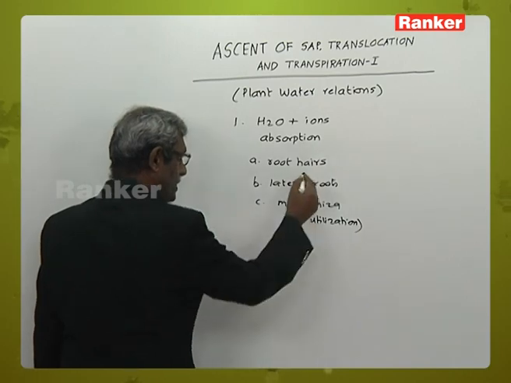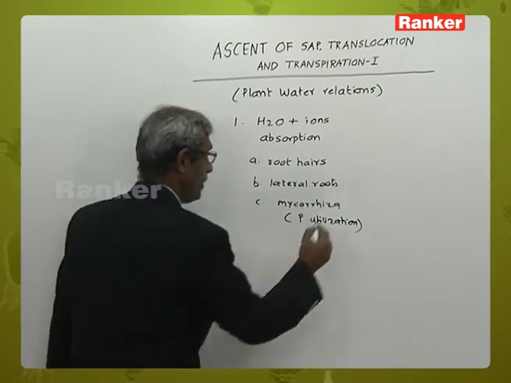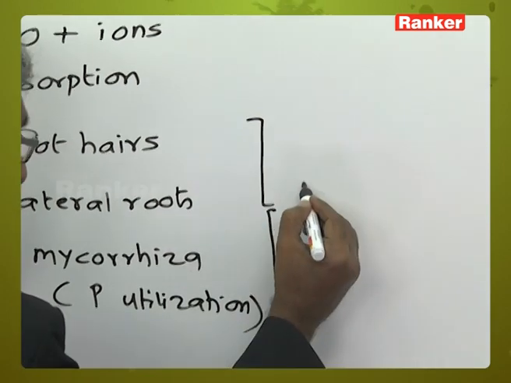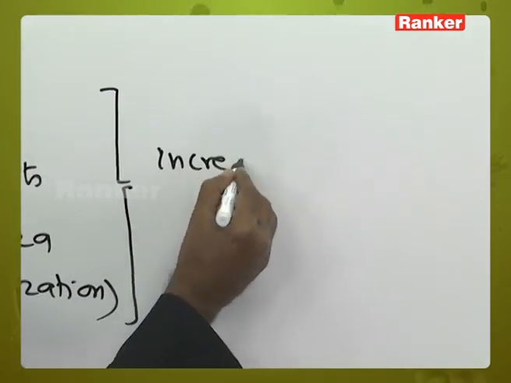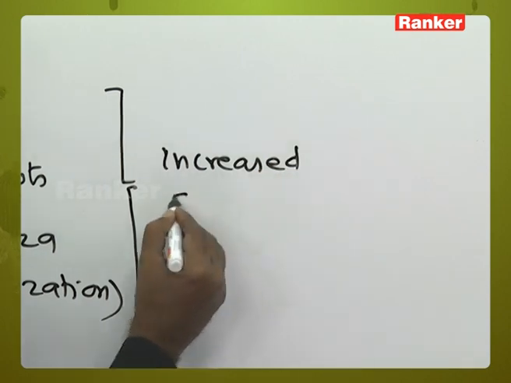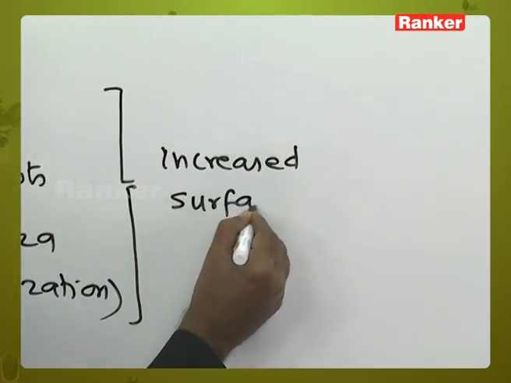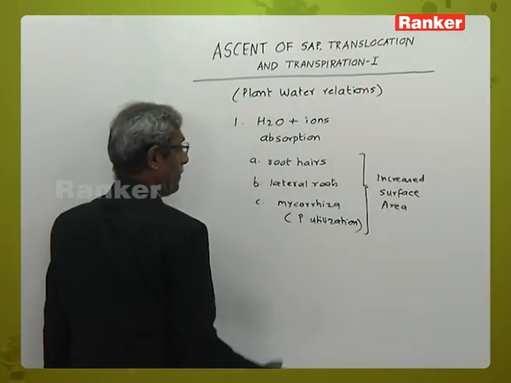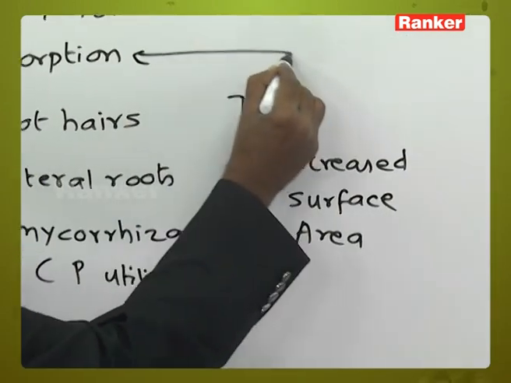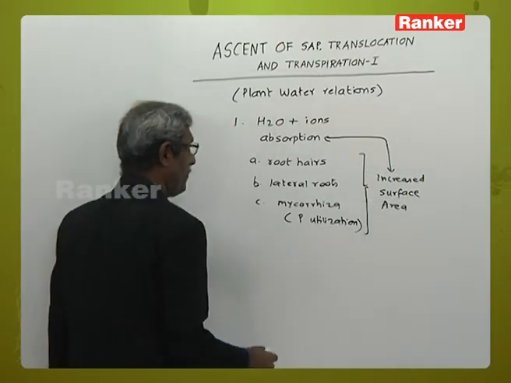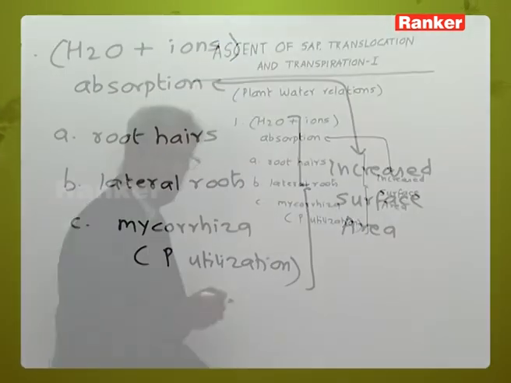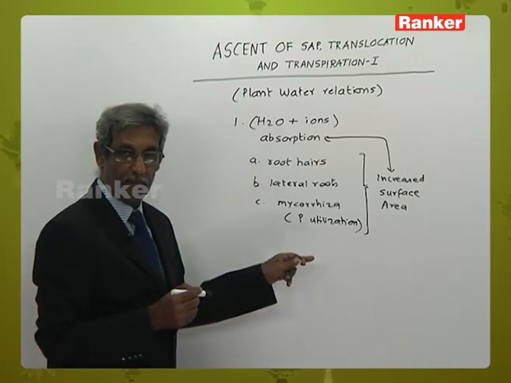So root hairs, lateral roots and mycorrhiza together contribute to increased surface area for absorption, especially of water and ions. This is attributed to these three very important concepts.